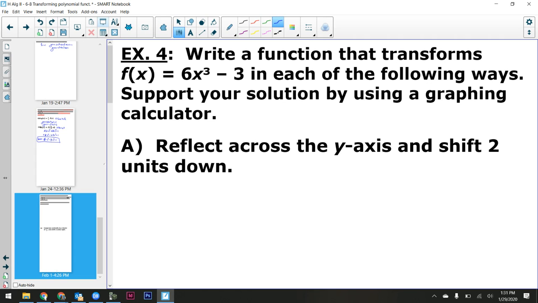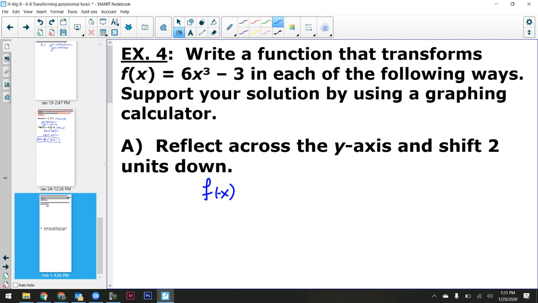Okay, so reflecting it across the y-axis. What's the rule? What do I have to do? Negative on the inside, right? F of negative x.